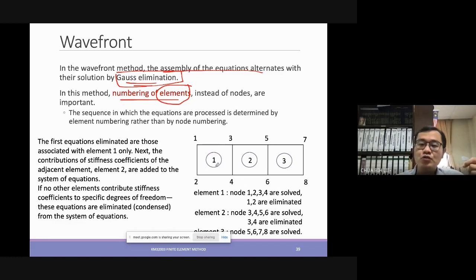So if you have element number 1 and element number 2 next to each other, we can actually solve for, let's say, these common nodes, and find the next equations to get the solution much more quickly. To illustrate that, let's say we take into account element number 1. In element number 1, there are 4 unknowns, right?